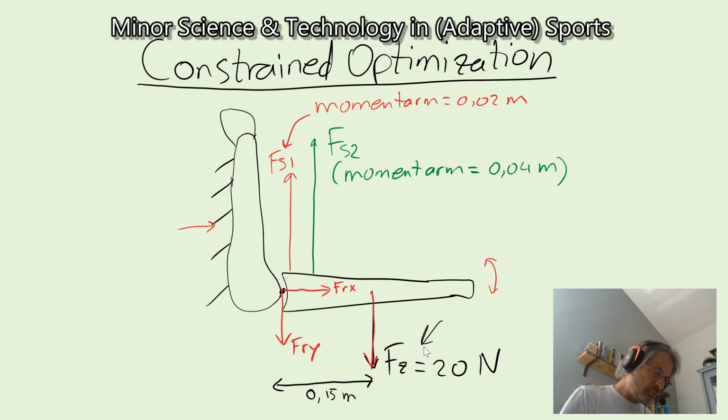And we have two muscle forces that balance the lower arm. So we have a muscle force Fs1 with a moment arm of 0.02 meters, 2 centimeters, and a green muscle force has a moment arm of 4 centimeters.